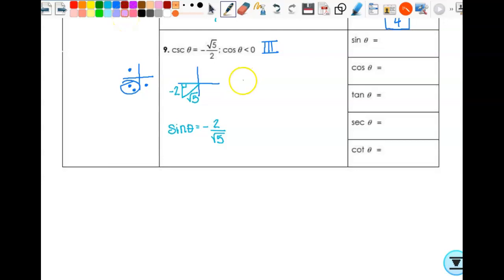So that's going to be x squared plus a negative 2 squared equals square root of 5 squared. So I'll give you a second. You find x.